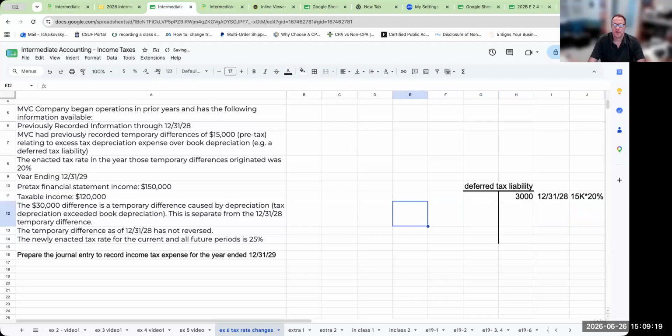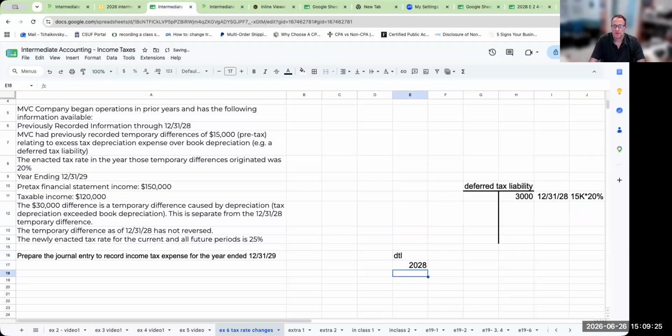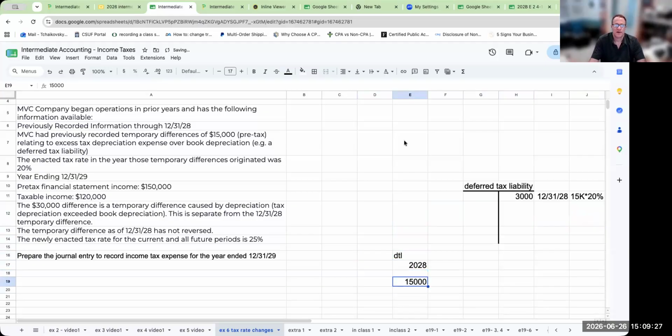This really relates to the deferred tax liability from 2028. We'll call this 15,000. Now, when we look at my deferred tax liability from 2029, this amount here is going to be 30,000.